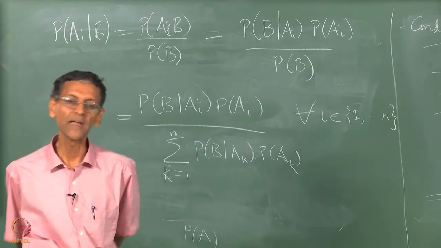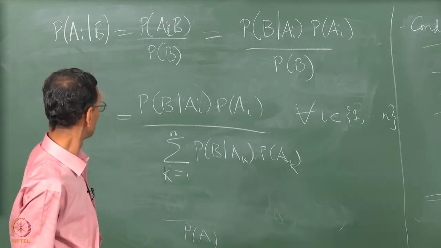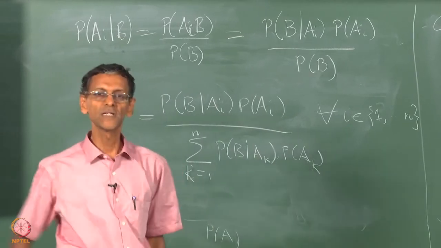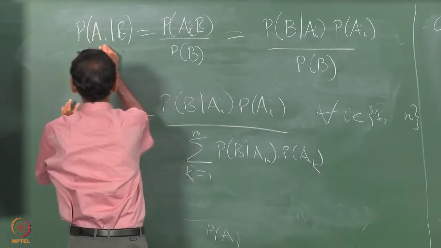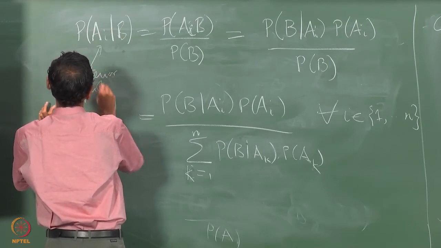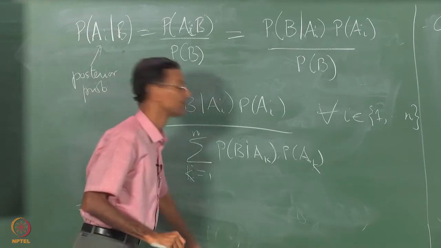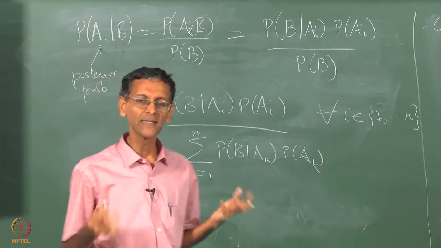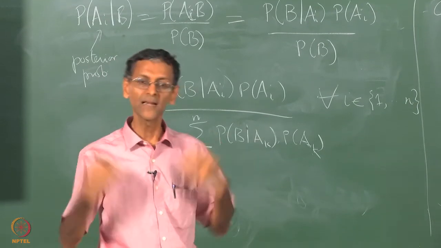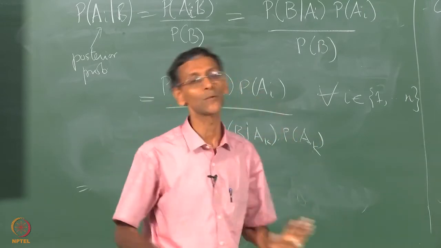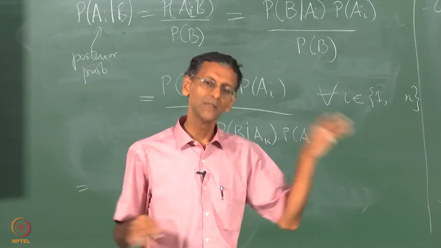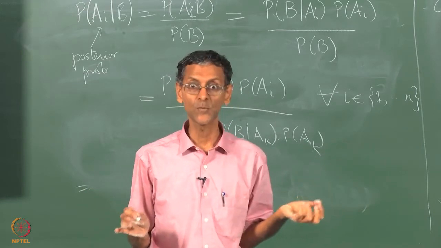For any i you pick, 1, 2, 3, whatever up to n, you can express this conditional probability like this. This is saying how the posterior probability, the changed likelihoods of all these events A_i, come about knowing that some B has occurred. We will come back to examples later on; I want to do all this first, and examples we will take up next week.